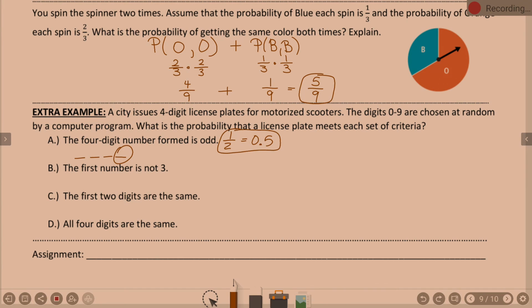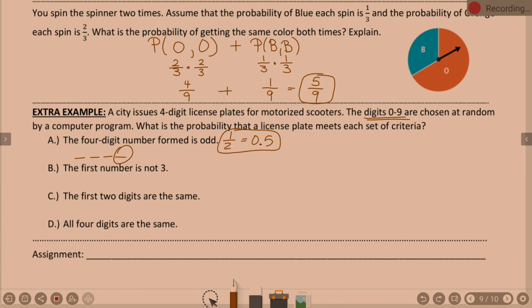The first number is not 3. 8 out of 9? No. Well, wait, yeah. Wait, it's 0 to 9, so it's okay. So what's the trick we have to watch here? Use your fingers if you need to. How many digits are 0 through 9? 10. That's 10, yes, because 1 through 9 is 9.